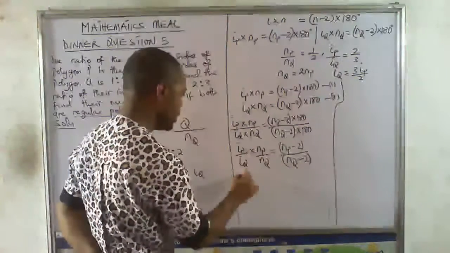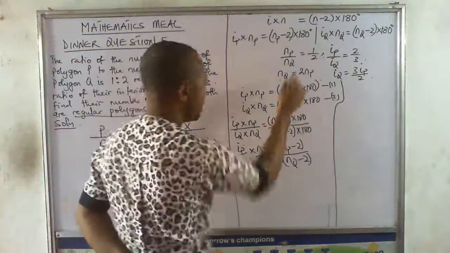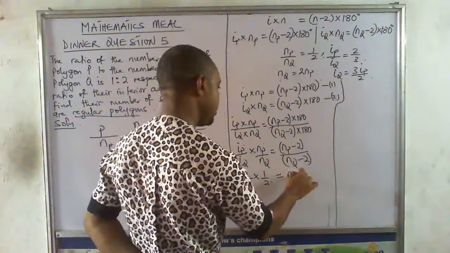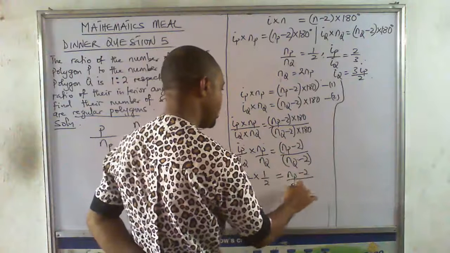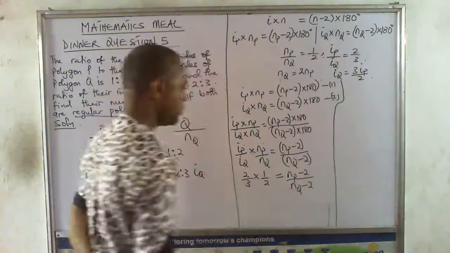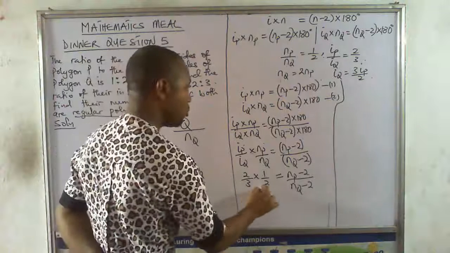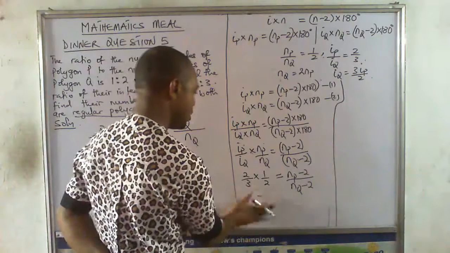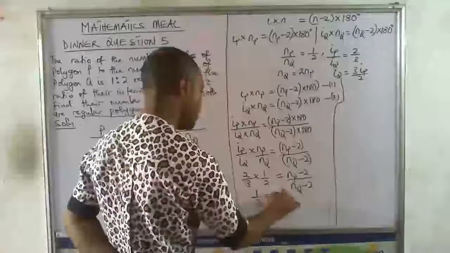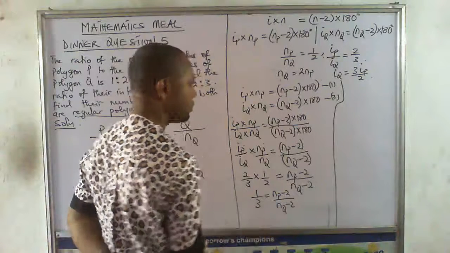So the whole of this reduces to 2 over 3 times NP over NQ, which is 1 upon 2, then gives us NP minus 2 all upon NQ minus 2. So 2 can cancel out this. I'm left with 1 over 3 is equal to NP minus 2 over NQ minus 2.